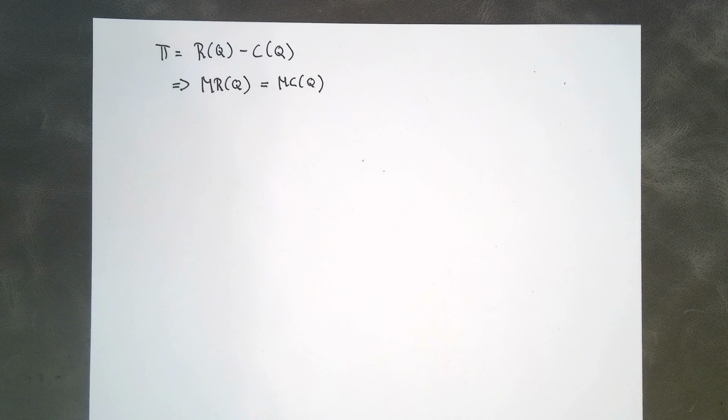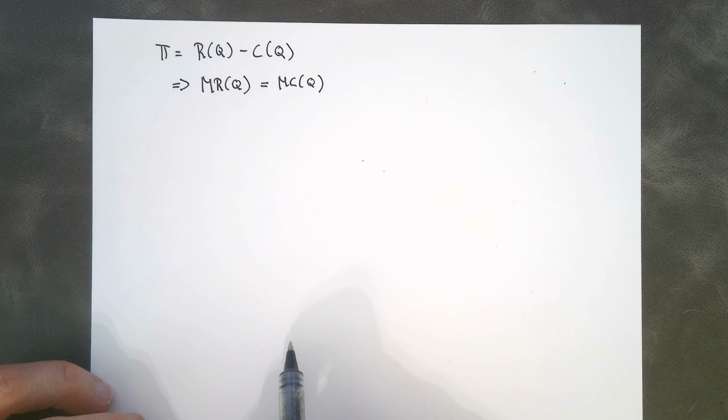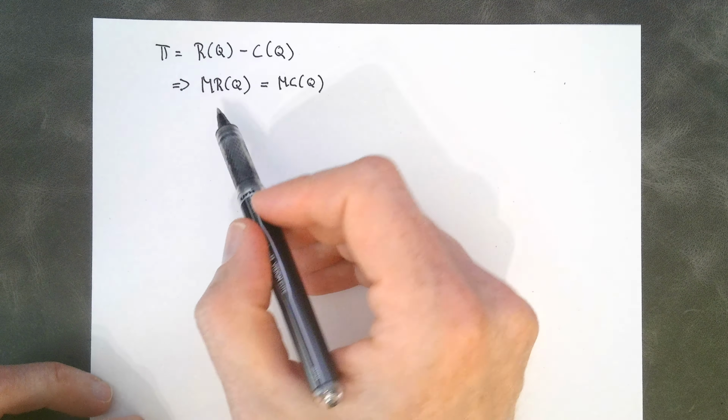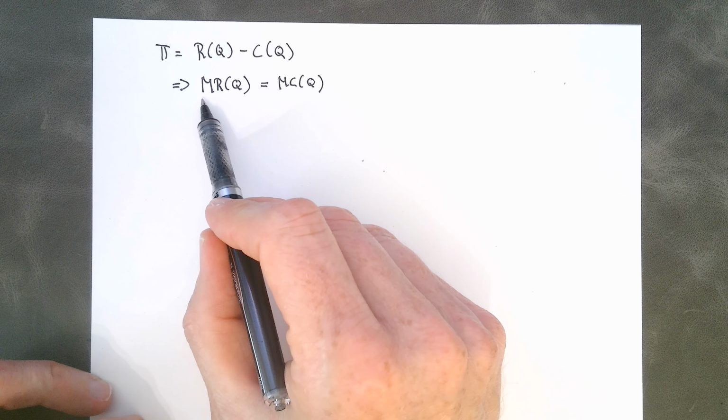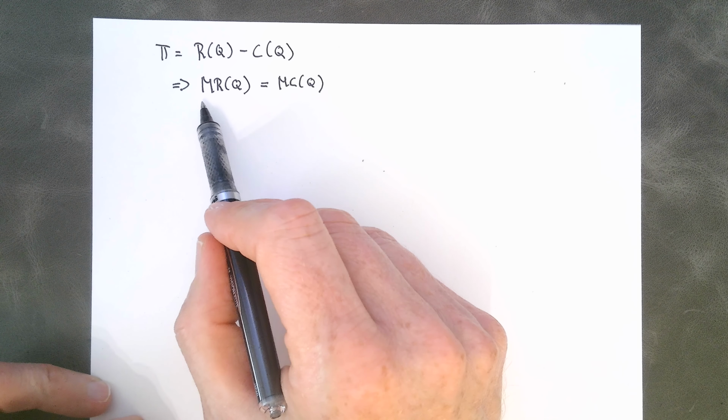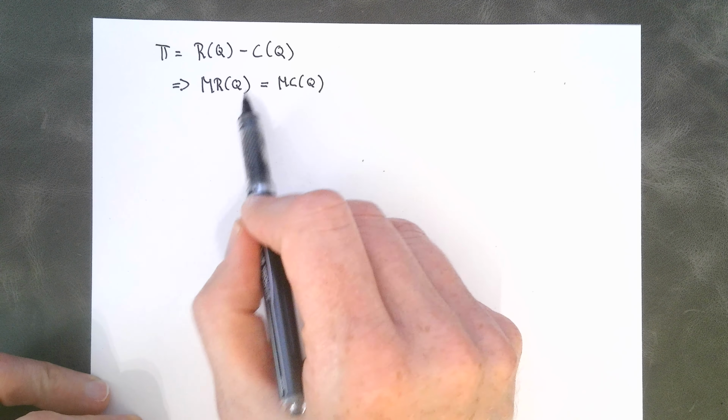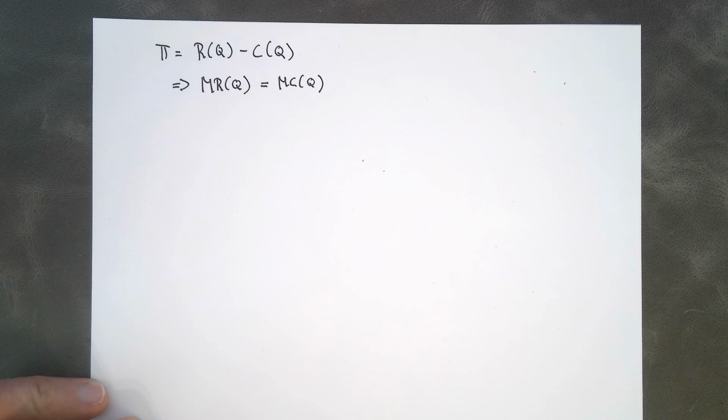So in equilibrium, both of them have to be equal. You will see that if you're looking at perfect competition and monopoly, it's the shape of the marginal revenue that changes, but through all market structures, this relationship holds.